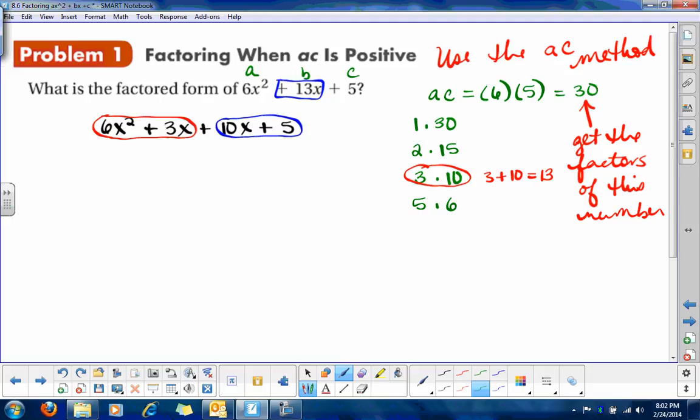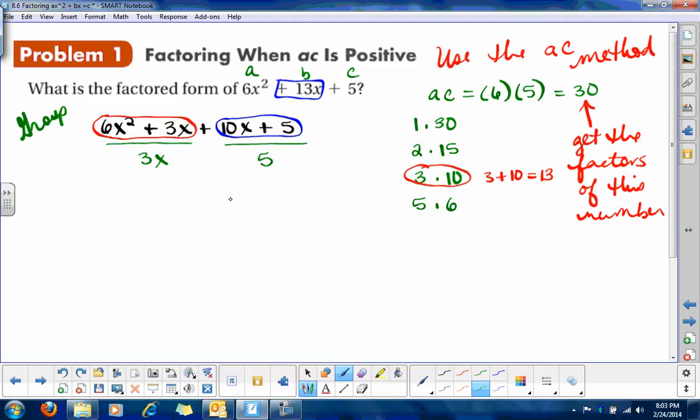So you're going to group a pair of your binomials. Now, once we have grouped them, we're going to factor out the greatest common factor of each pair. So here, for 6x squared plus 3x, the greatest common factor is 3x. For 10x plus 5, the greatest common factor is just 5.